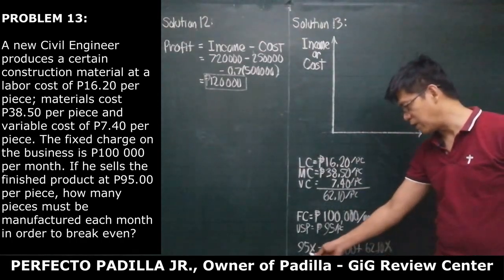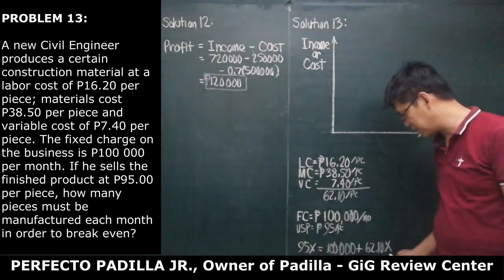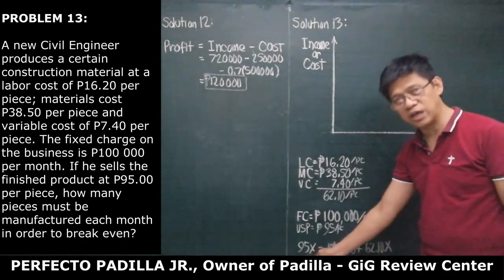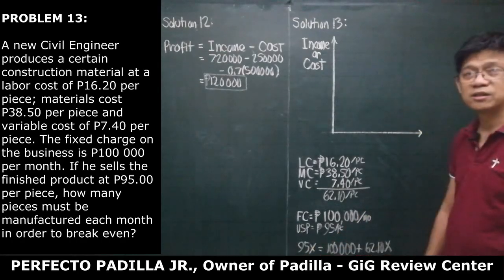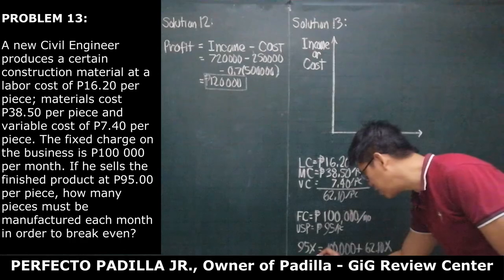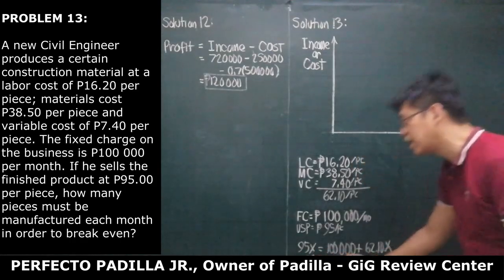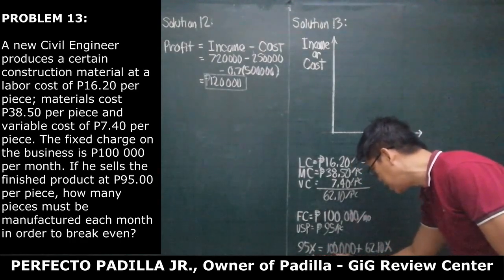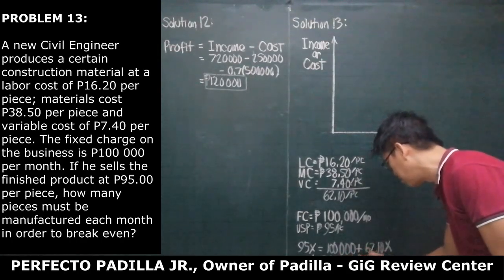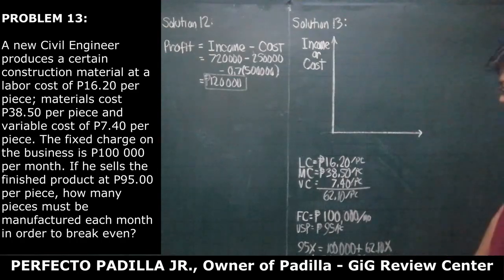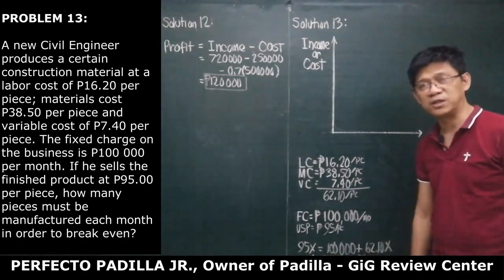So, pagka ikaw ay nag-produce ng X pieces and nabenta yung X pieces, the income equals the cost. So, therefore, if you're going to solve for X here, your X will be 3,039.51 pieces.